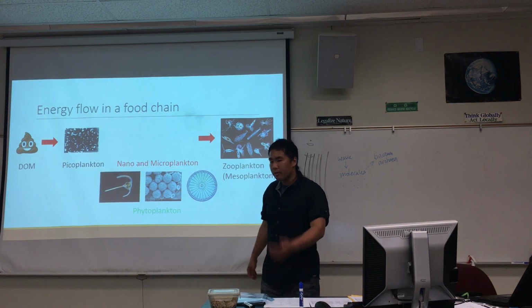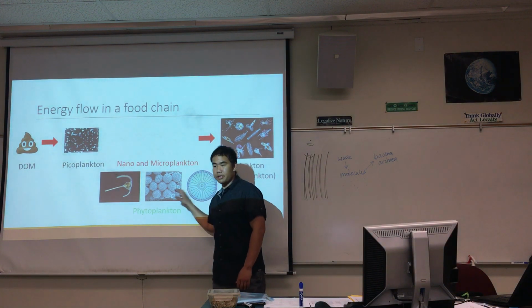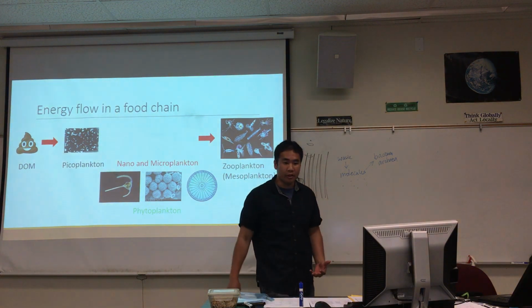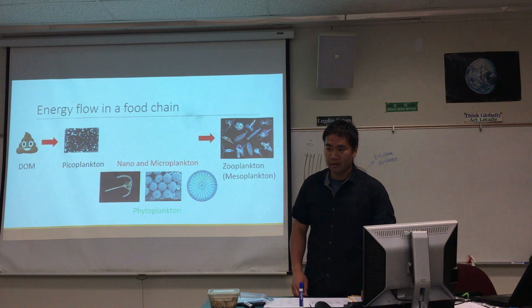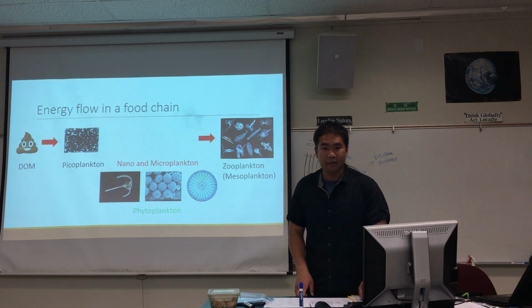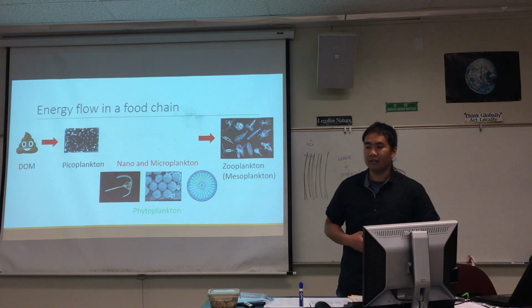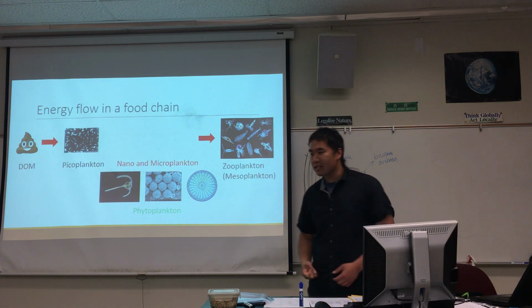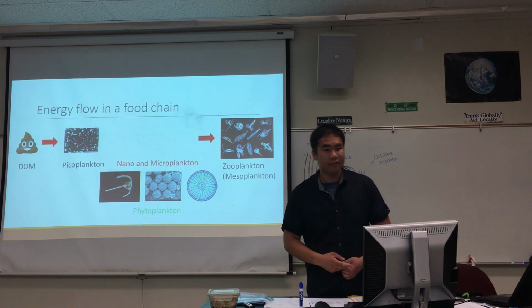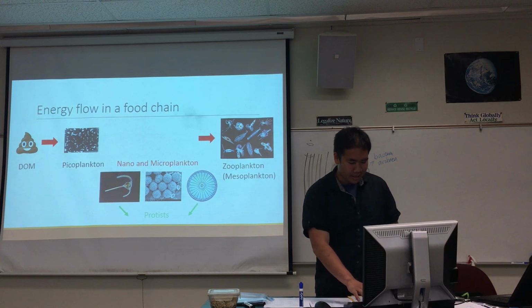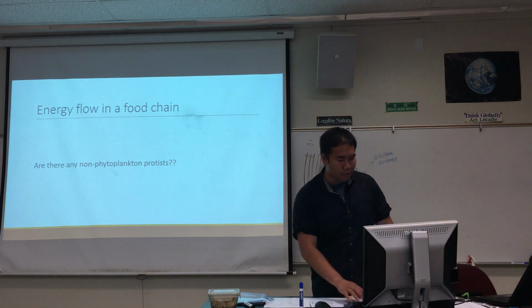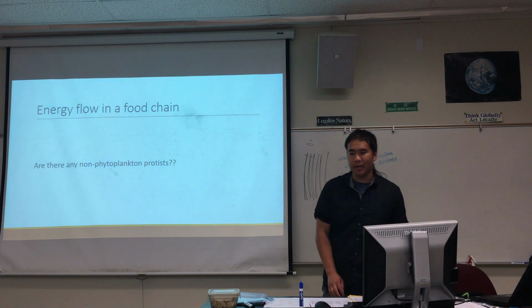Okay? Now keep in mind, these three are all protists. Do we know of other new protists now? What do we know now that might be able to fit the bill? Radiolarians, foraminifera, exactly, right? So think about other protists that are not phytoplankton.